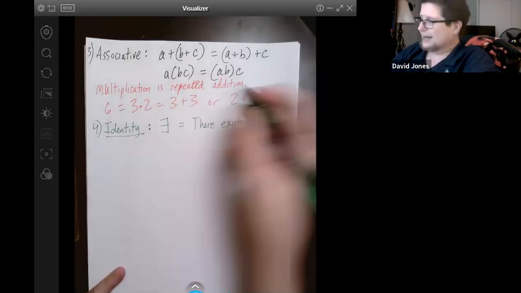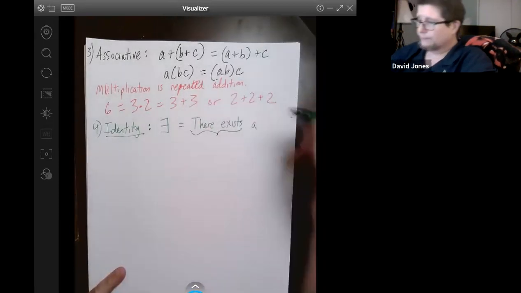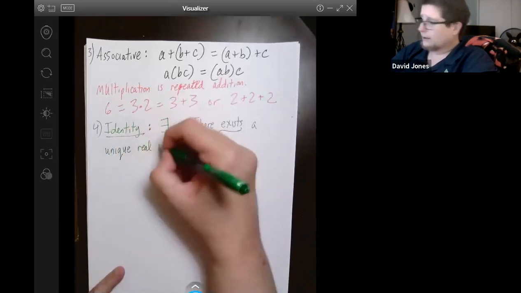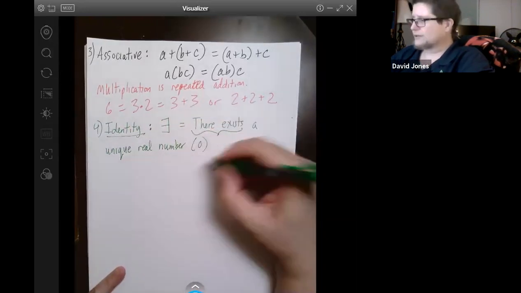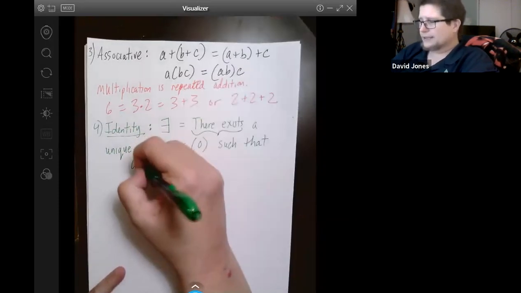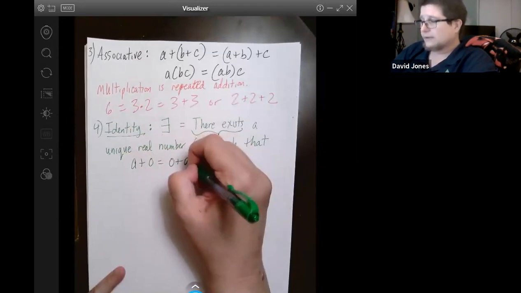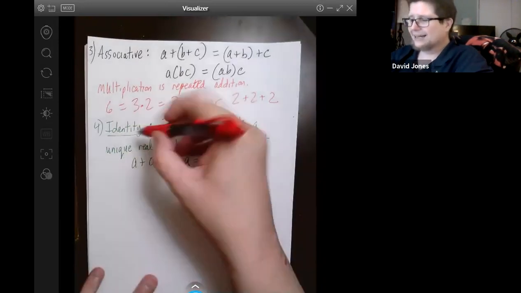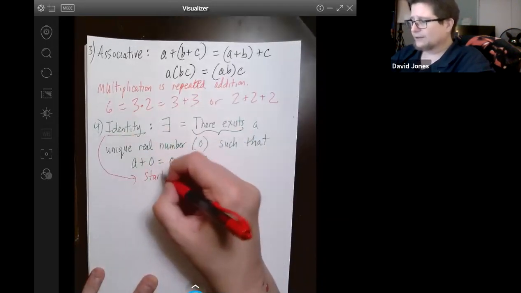So there exists a unique real number, and in this case the number is 0, such that A plus 0 equals 0 plus A, which equals A. When they say identity, identity tends to mean you start and end with the same value.